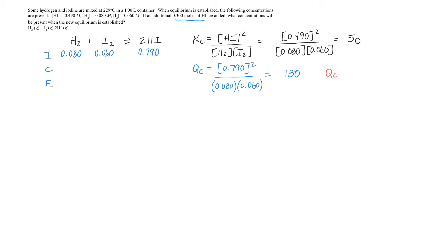Qc is 130, Kc is 50, so Qc is greater than Kc, which tells us that we should shift to the left or towards the reactants, meaning that the concentration of HI will decrease, minus 2x, and I2 and H2 will increase by x. E will be our I plus C.